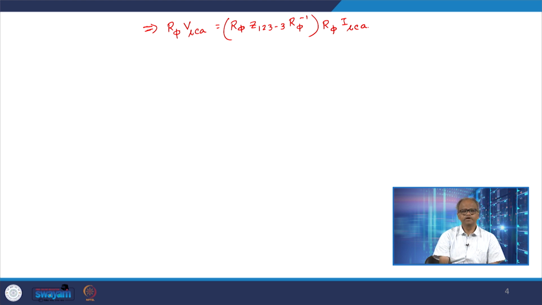Now, this effect is just the reverse of the effect of pre-multiplying by R phi inverse. So here the effect would be that the last row, that is basically the third row, will be shifted to the first position. So then it would be VABC, and then Z3123, then IABC.